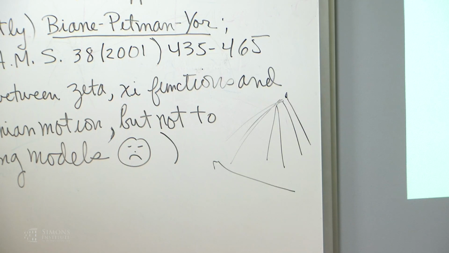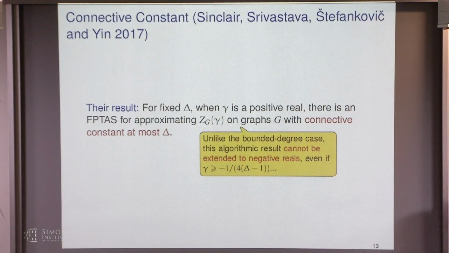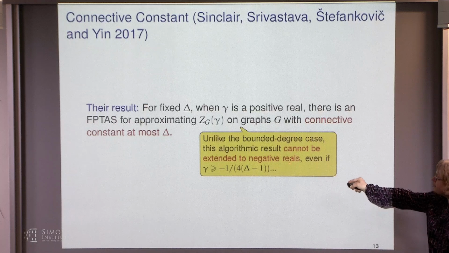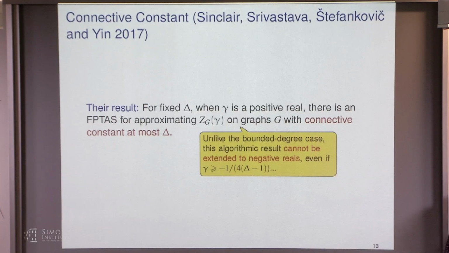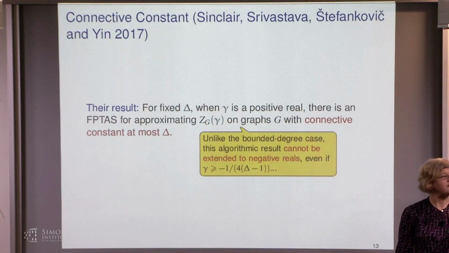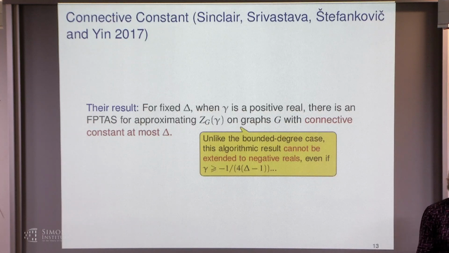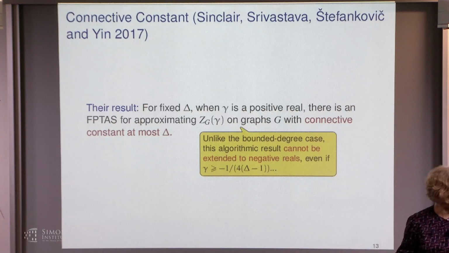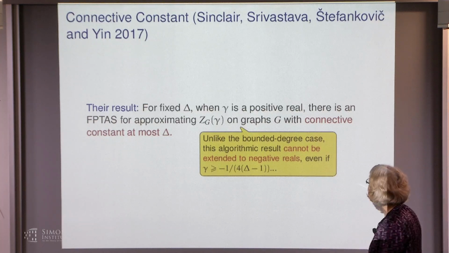But what we did in this paper is we just went around that, and we used correlation decay. And one thing I want to point out is that, unlike the bounded degree case, we can't push the algorithmic result to this zone where you've got negative real numbers above where the roots start, and that's because of what I was talking about with the connective constant.